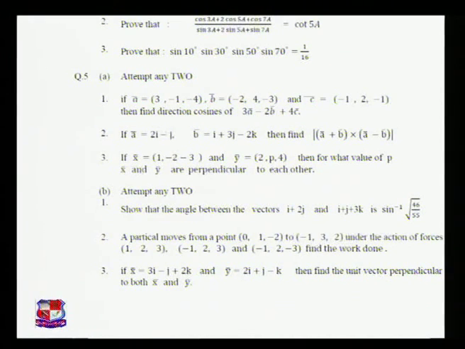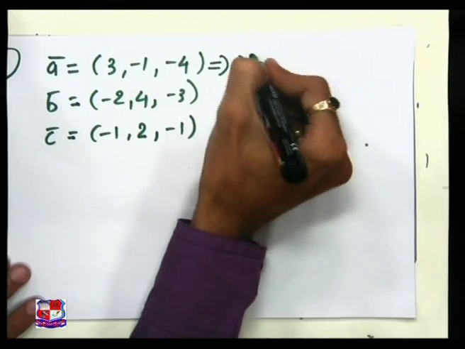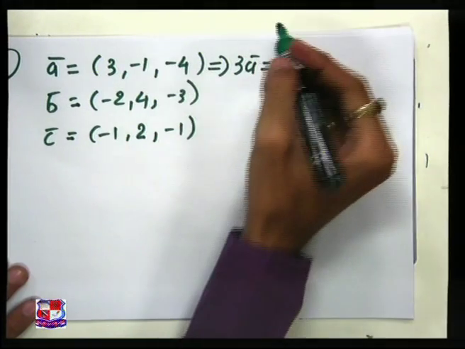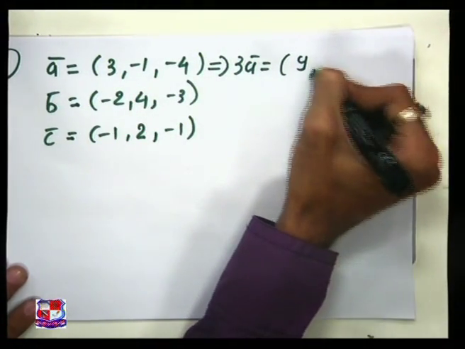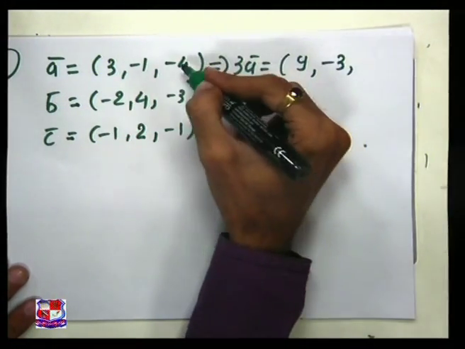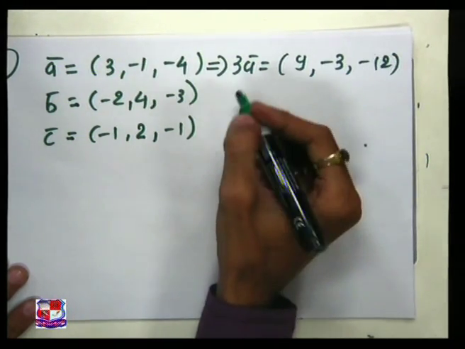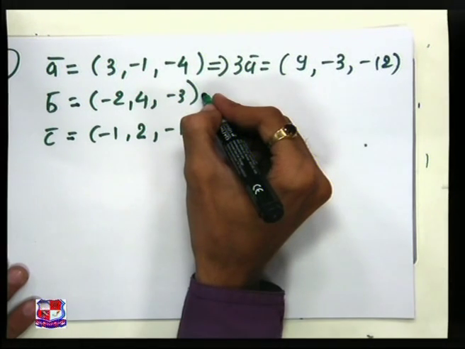So here we will first get 3a, 2b and 4c. From here I'll get 3a is equal to, here a is equal to 3, -1, -4. So 3a is equal to 9, -3, and 4 into 3, that is -12. We need 2b.